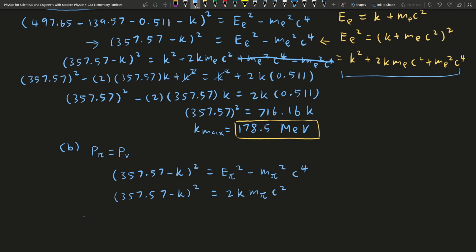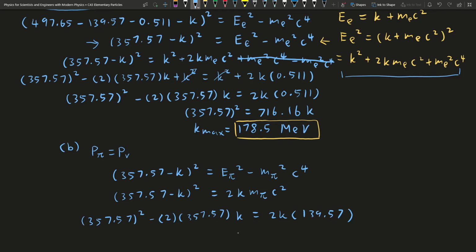The rest is the same: 357.57 squared minus 2 times 357.57 K equals 2K times the mass, which is 139.57.